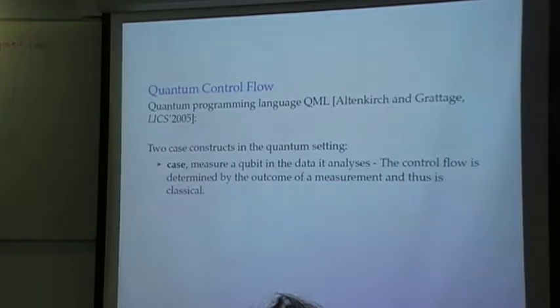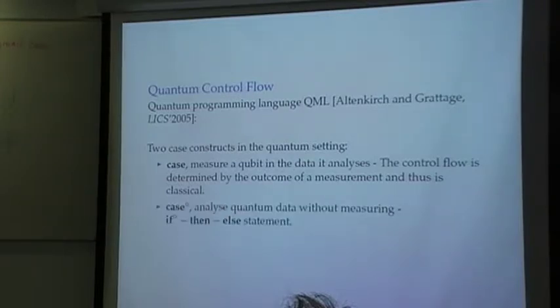But the quantum control flow was first conceived by Altenkirch and Grattage in their language, QPL. And they have 2 case constructs. One is a case. So this one measures a qubit. So the control flow is determined by the outcome of the measurement. Then it's classical.